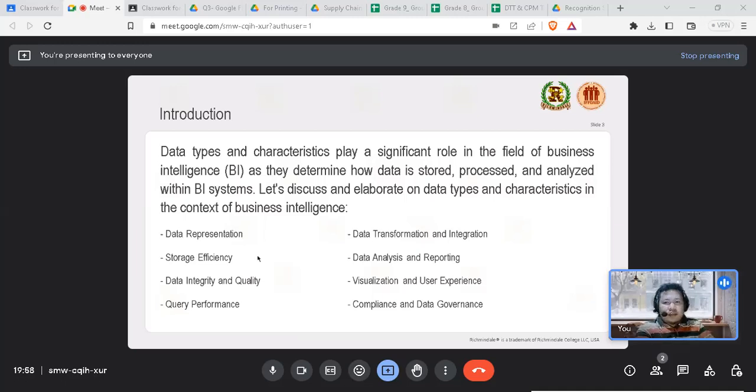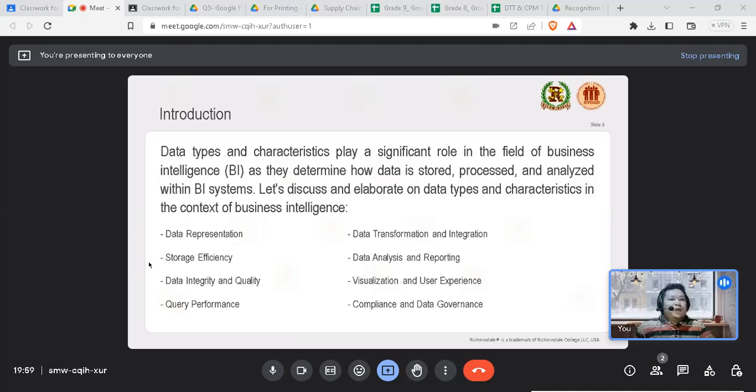Then next is data integrity and quality. Data types play a vital role in maintaining data integrity and quality within the business intelligence system.